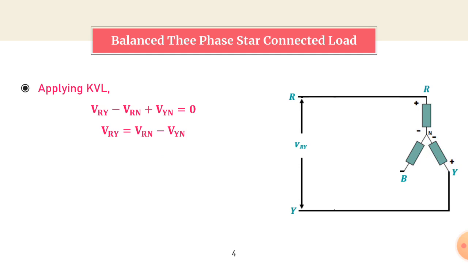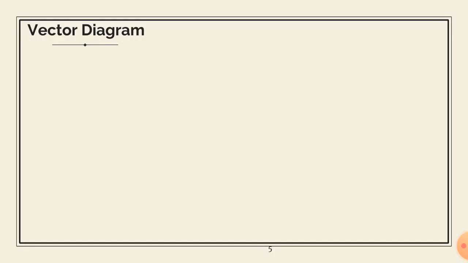So if you know the values of VRN and minus VYN, we can find VRY. Similarly, the other two line voltages can also be written like this. Now keeping this in mind, let us draw the vector diagram.